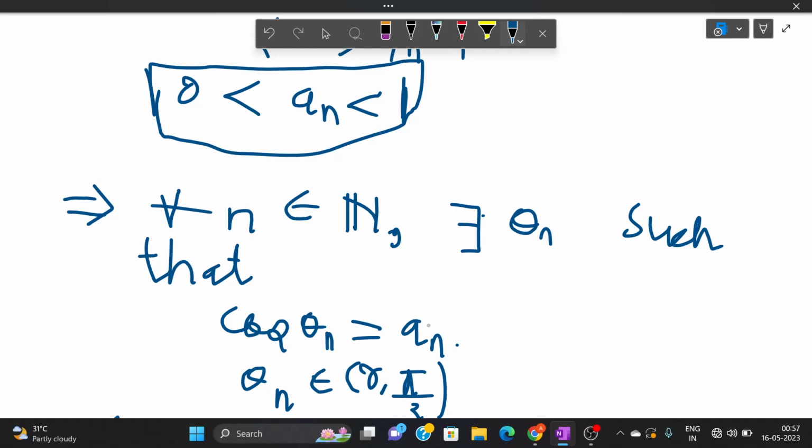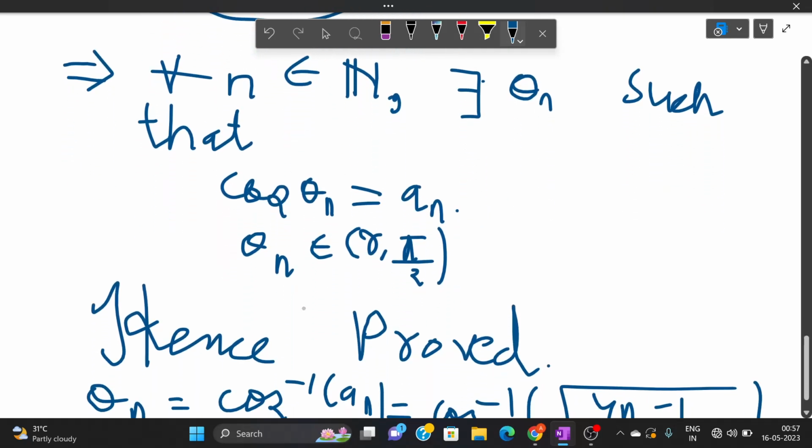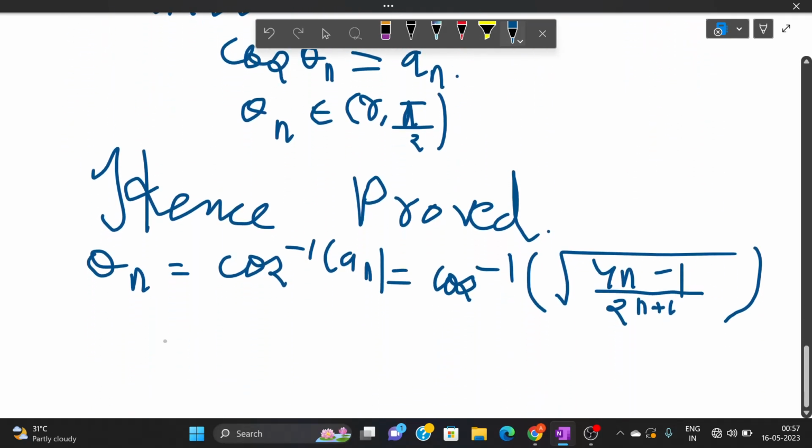This is a pretty obvious statement because a n is in 0 to 1, and for theta n in 0 to pi by 2 there will always exist a theta n such that cos of it is equal to a n. So we have proved the statement, and our theta n is cos inverse a n, which is equal to cos inverse of under root 4n minus 1 upon 2 to the power n plus 1. And this concludes part A of the second question.